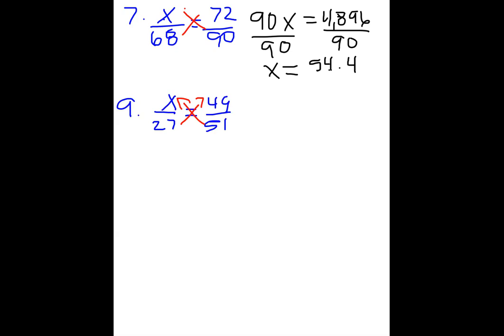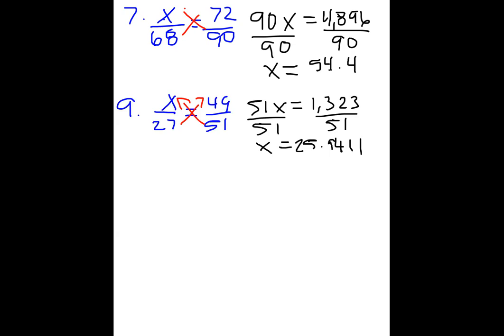So we get 51x is equal to 27 times 49, which is 1,323. Divide by 51. X is equal to 25.911.